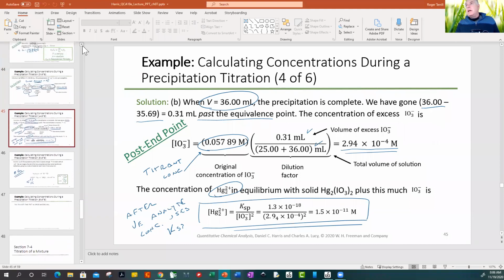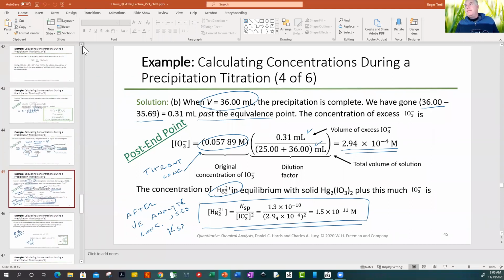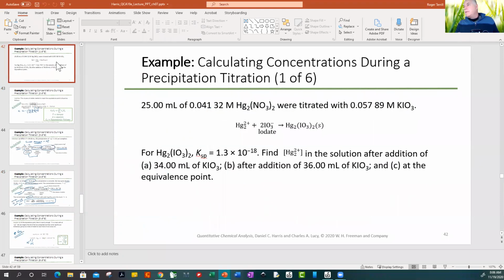Where do we define this? Right, so here we got 25 mLs of 0.04132 molar mercurous nitrate titrated with potassium iodate.